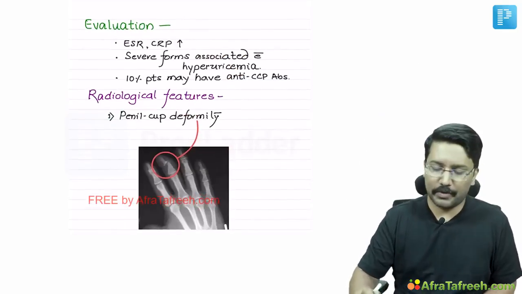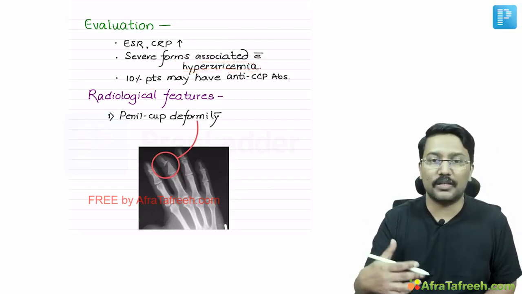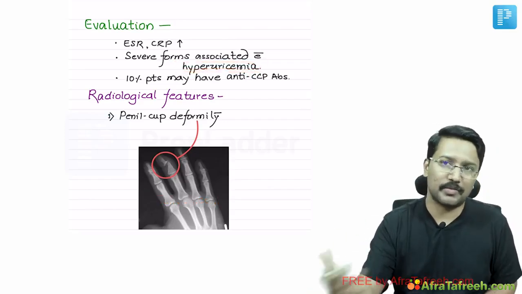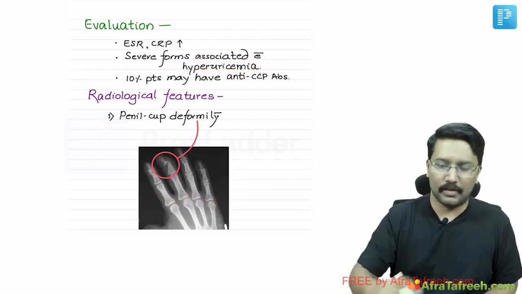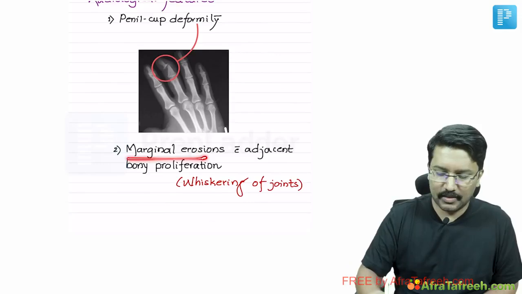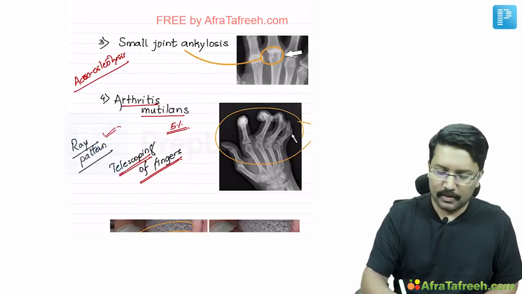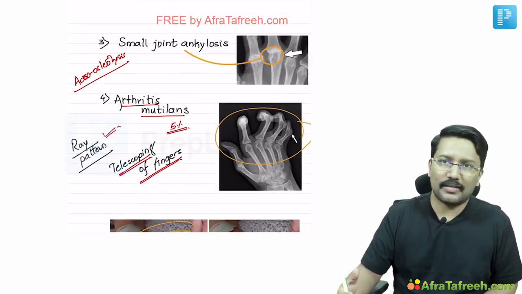In terms of evaluation, I particularly want you to remember that this condition is associated with risk of hyperuricemia, especially in severe disease. Radiological features: pencil-in-cup deformity, characteristic. Marginal erosions with adjacent bony proliferation, very well known to occur. Small joint ankylosis, not characteristic.